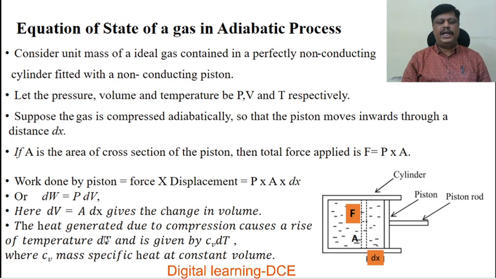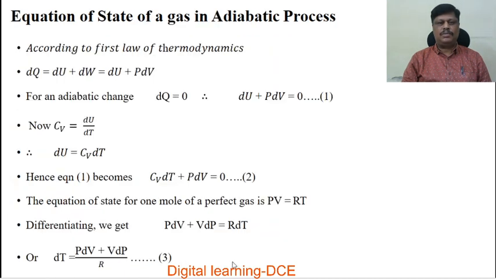That is the heat generated due to the compression. When we compress this gas, its volume decreases. As volume decreases, pressure increases. As pressure increases, temperature increases. So when this piston is moved through a distance dx, the rise in temperature is given by dT, and it is also given by Cv dT, where Cv is the molar specific heat at constant volume.